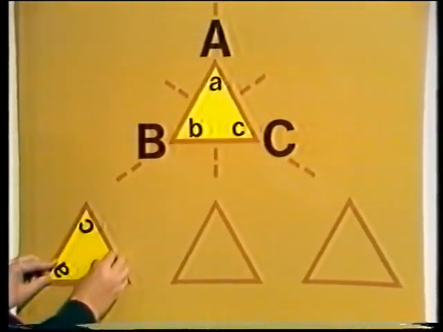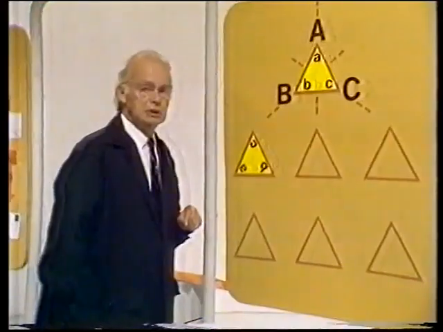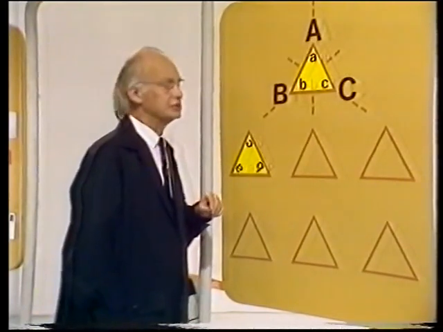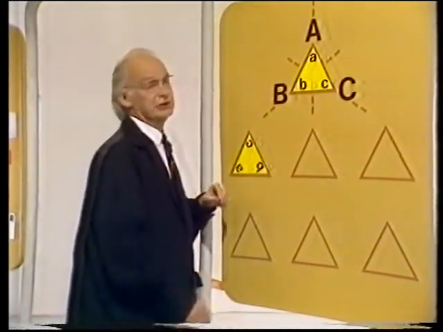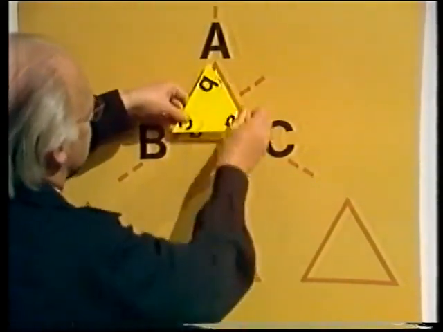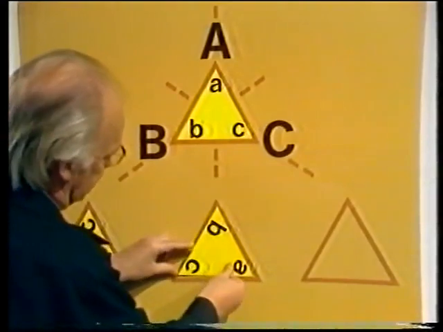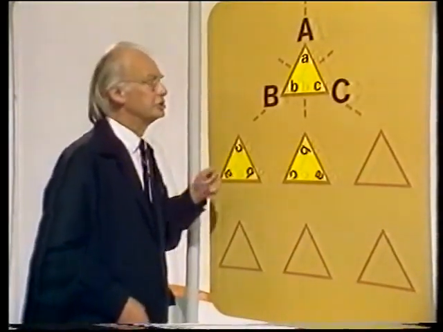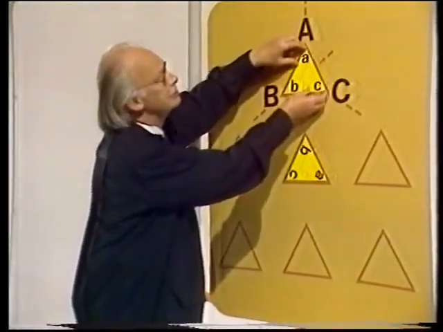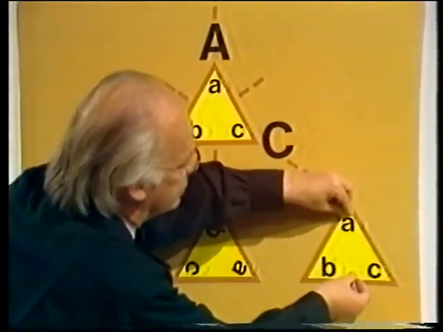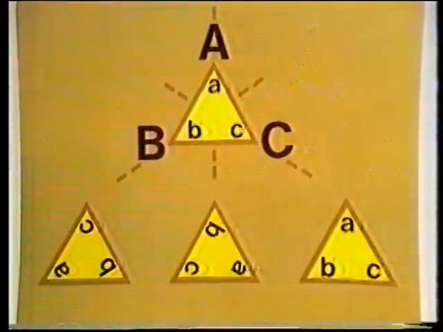I'm going to call that R1. Next, of course, I can rotate it through 240 degrees anti-clockwise, or if you prefer, 120 degrees clockwise. And I'm going to call that R2. And lastly, for the rotations, I can turn it completely around, which will obviously achieve nothing at all, and I'm going to call that, obviously, I for the identity transformation.